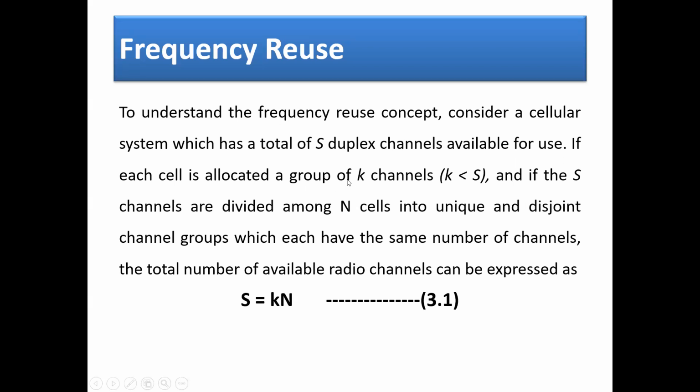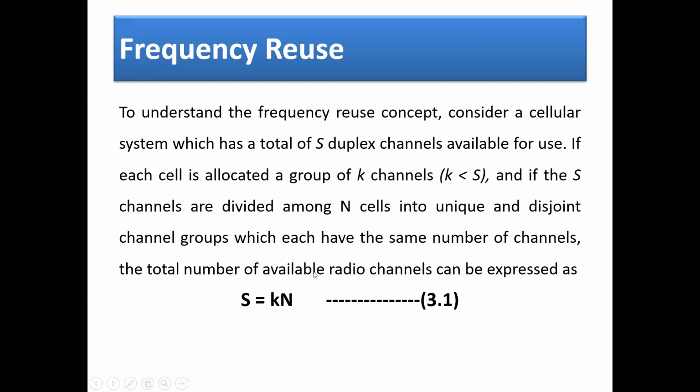Of course, we have different cluster sizes: maybe 4 cells, 3, 7, 9, or 12, according to a specific equation. So among the cells of a cluster, into unique and disjoint channel groups, each has the same number of channels.